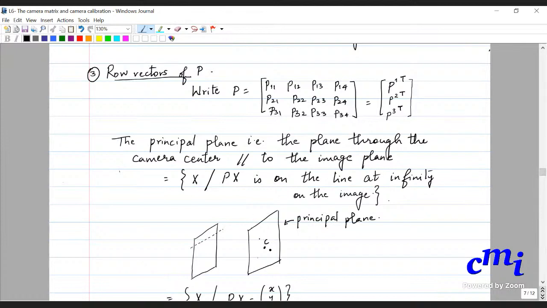And later we'll talk about the principal axis, which is perpendicular to the principal plane, passes through C, and is called the principal axis. The point where the principal axis meets the image plane is called the principal point. This here is the image plane.